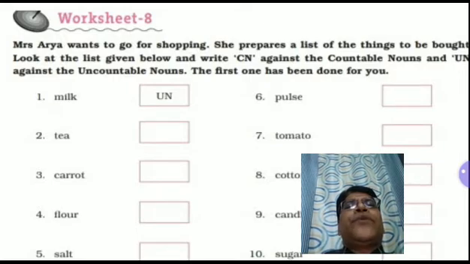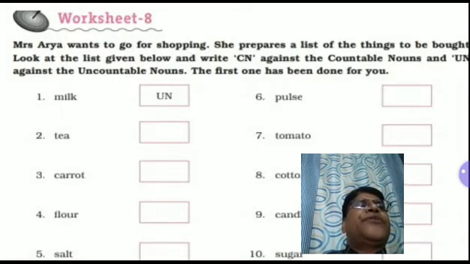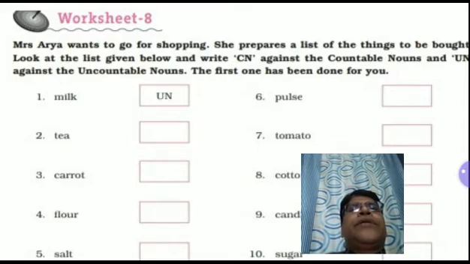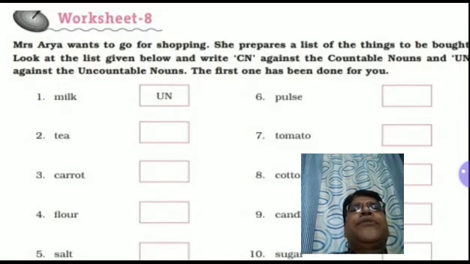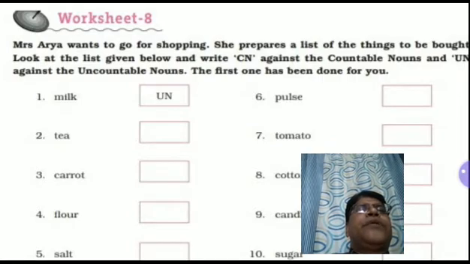Mrs. Arya wants to go shopping. She prepares a list of the things to be bought. Look at the list given below and write CN against the countable nouns and UN against the uncountable nouns. The first one has been done for you.